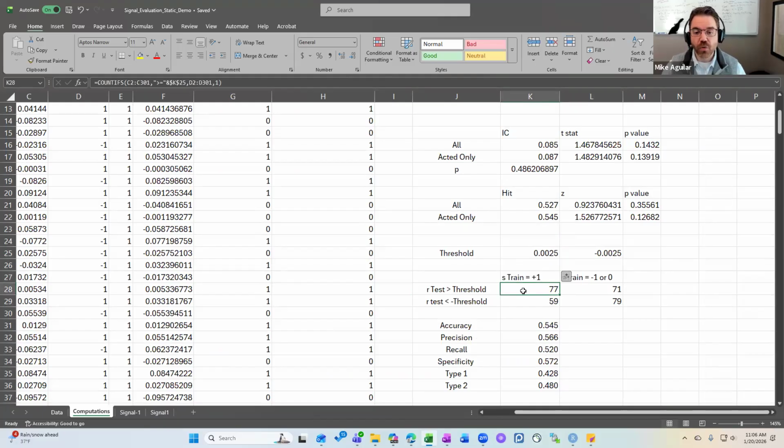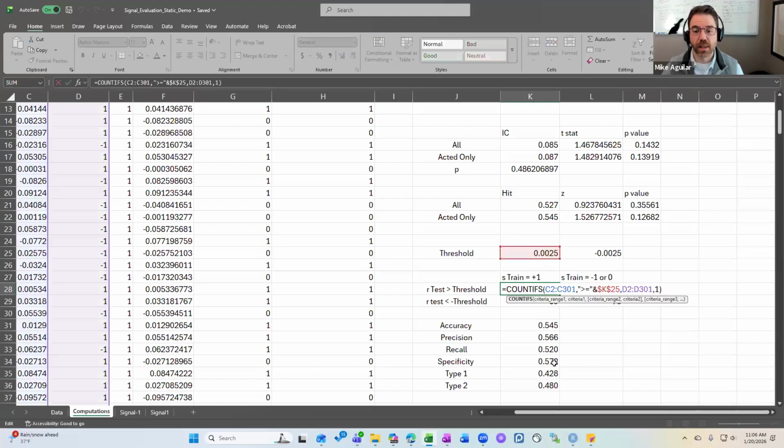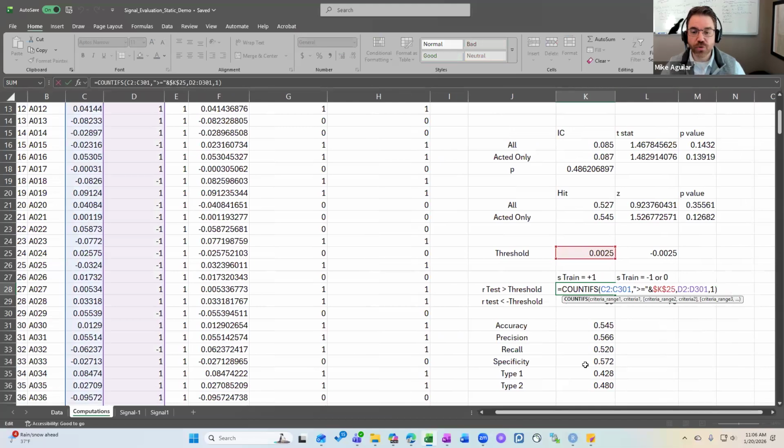So let's count. What do I need to do here? I need to count the number of times that I said long and the returns were greater than the threshold. So count column C, let me scooch over slightly, which are all the future returns. The second piece is the condition, greater than K25, the threshold. And where column D, the signals, are equal to 1.